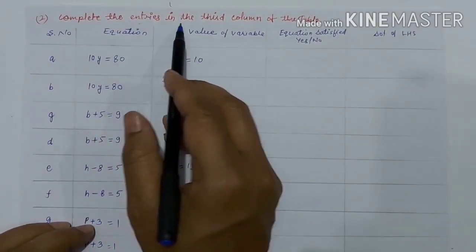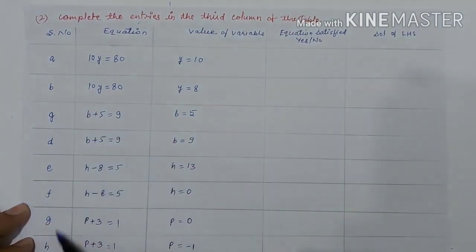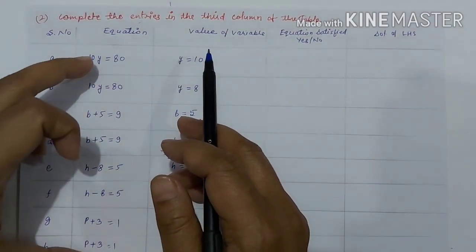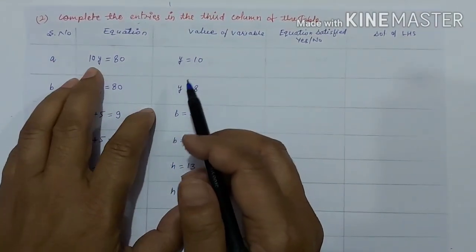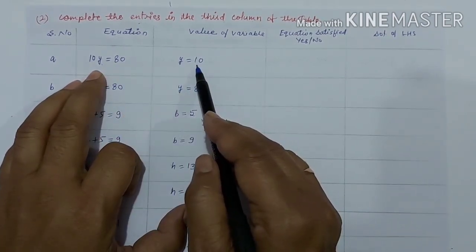Second, complete the entries in the third column of the table. The first column is given, the numbers. I will collect some questions. The first question is 10y = 80. Here the value of y is 10.